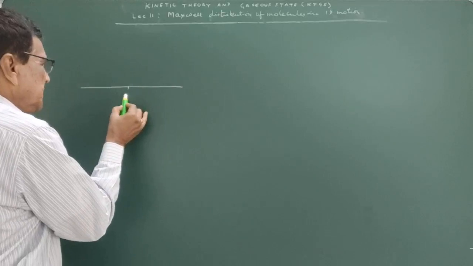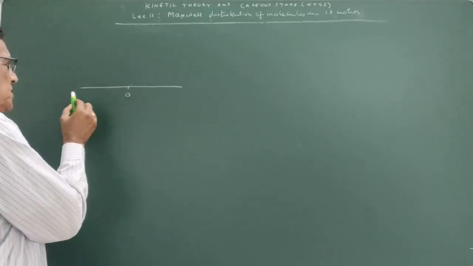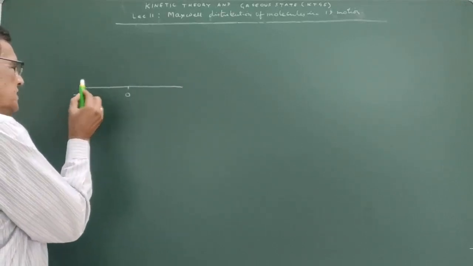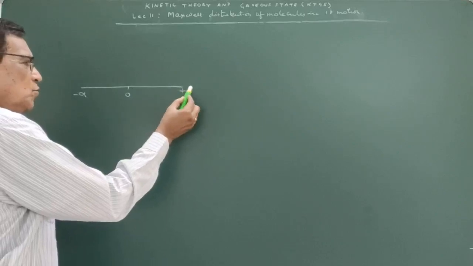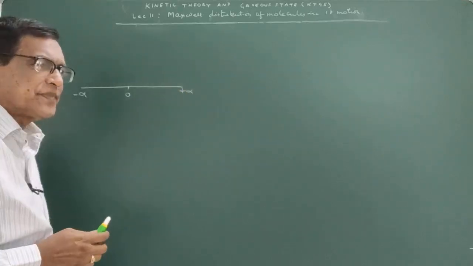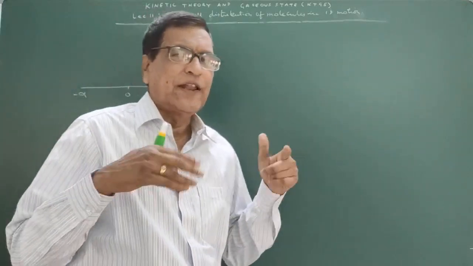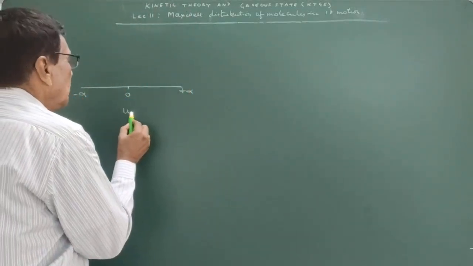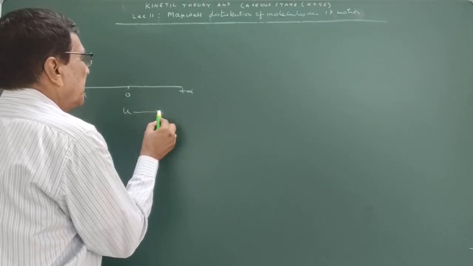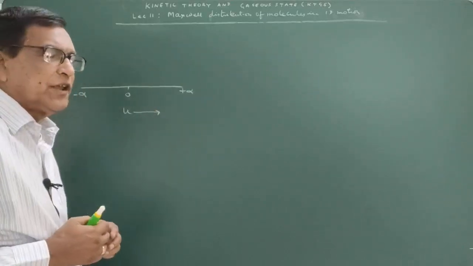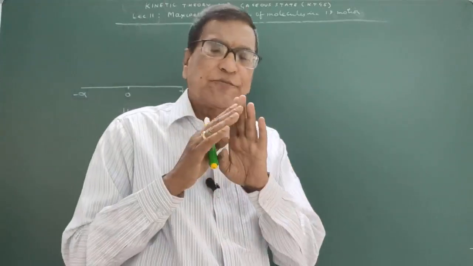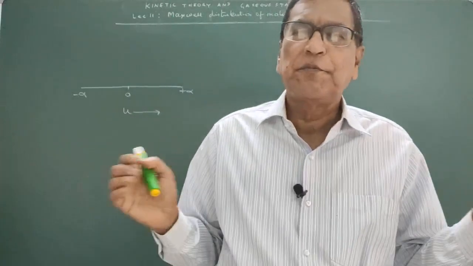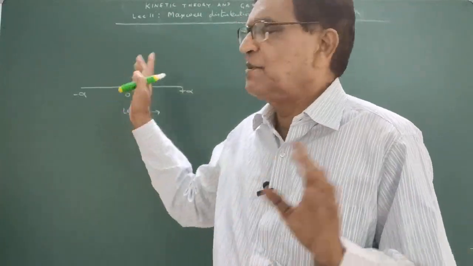This is the origin, with the range of minus infinity to plus infinity, and with the velocity u, and the range of u is the full range, minus infinity to plus infinity, with this origin in the middle.